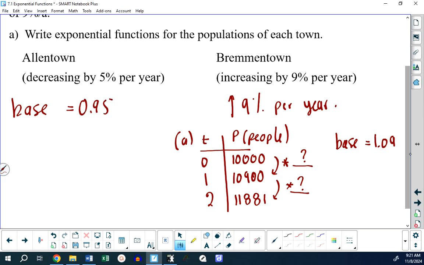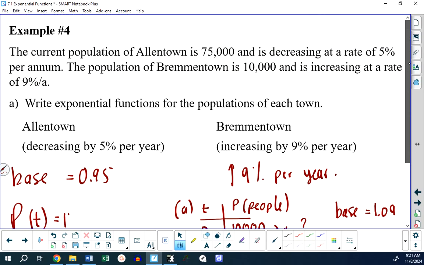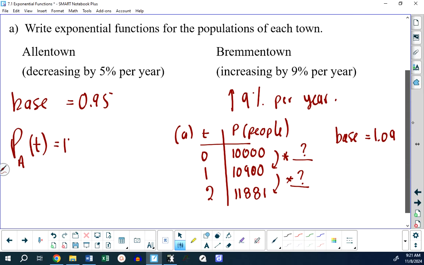The functions are: the population of Allentown as a function of time is... Was Allentown 10,000? No. Yeah? Allentown is 75,000 times the base raised to the time in years.